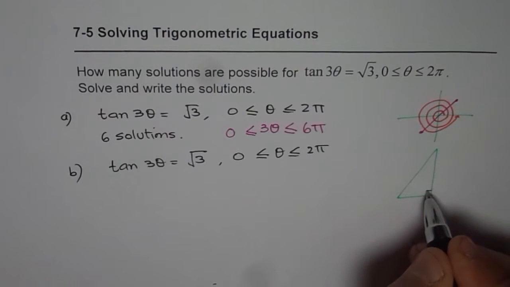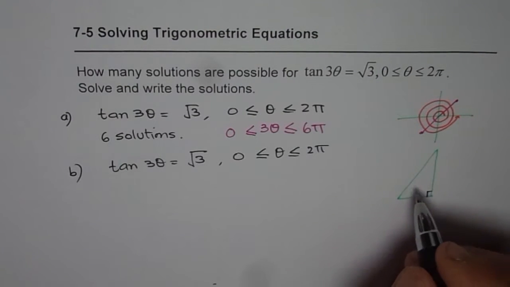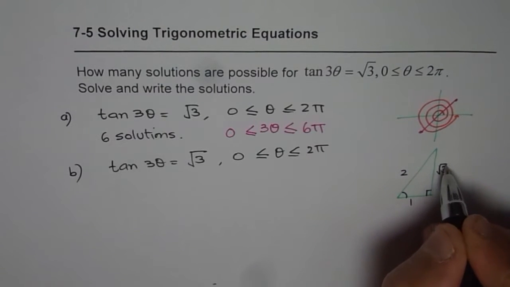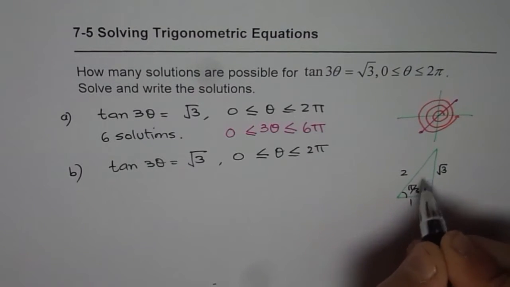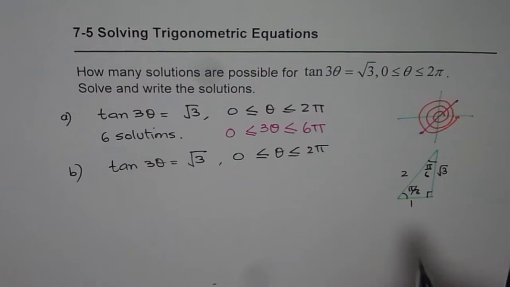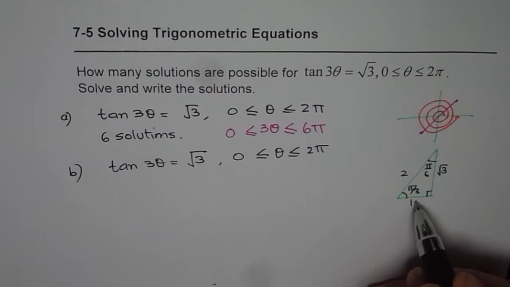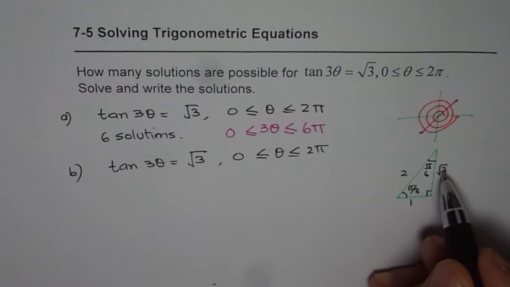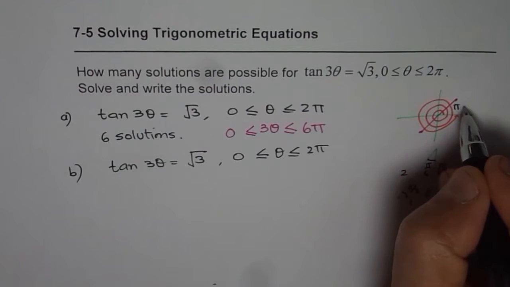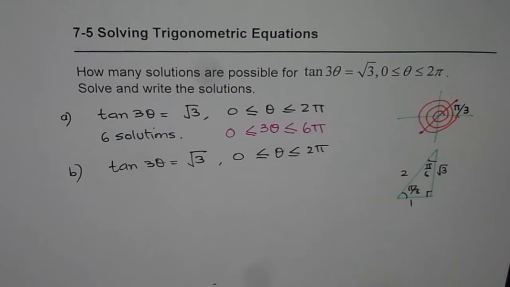That will help you to solve trigonometric equations very easily. Remember this triangle? That is for pi by 3, pi by 6 and pi by 2. From here you can see for pi by 3 we get square root of 3, so that is the related acute angle. This acute angle here is pi by 3.